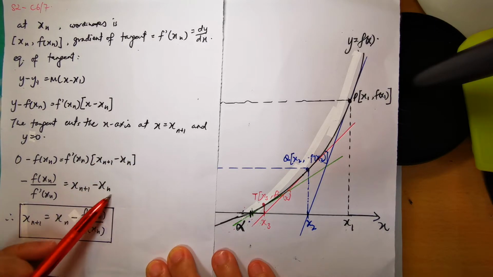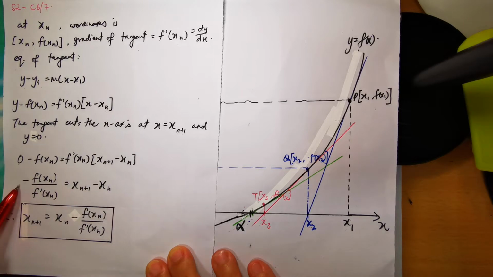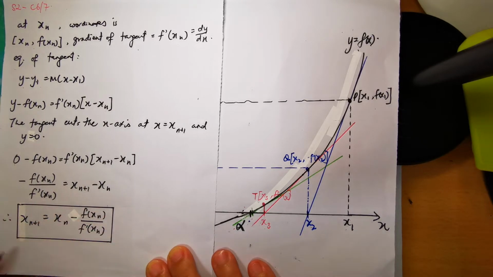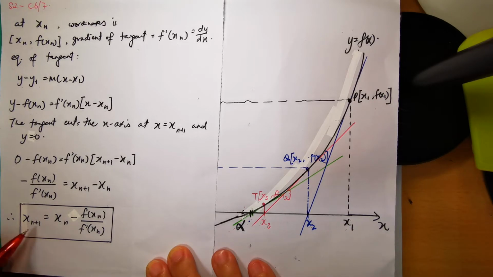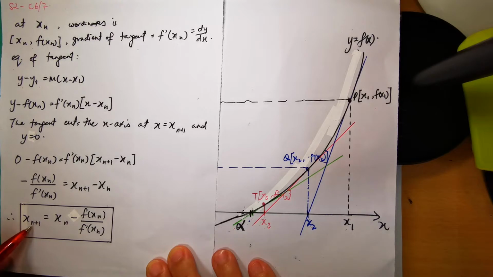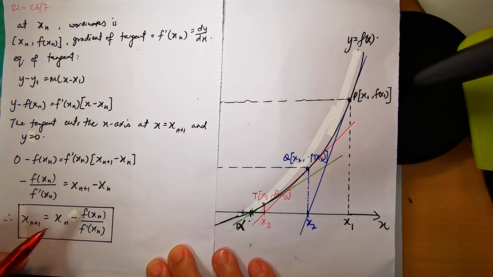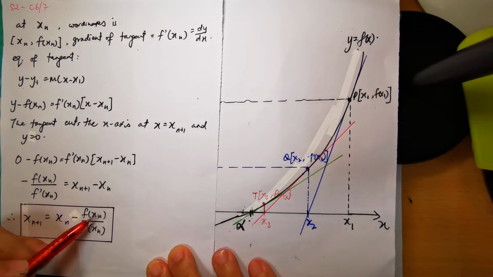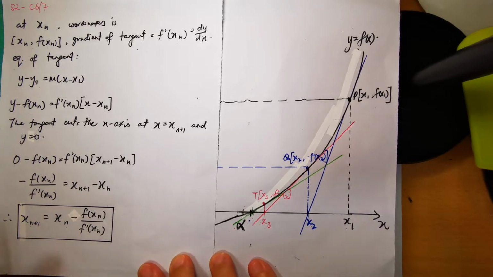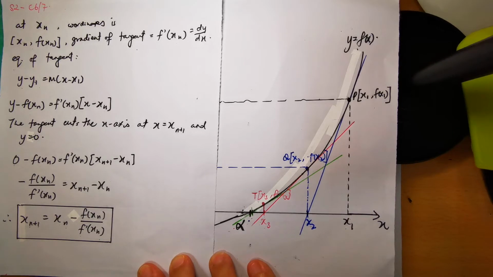Then next, we shift minus xn to this side, so it becomes positive xn. Therefore, this is the formula to get the next approximation of x. So xn plus 1 equals xn minus f(xn) over f prime xn. So please memorize this formula.